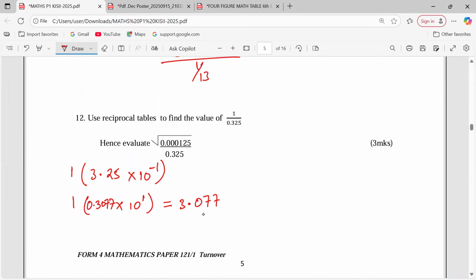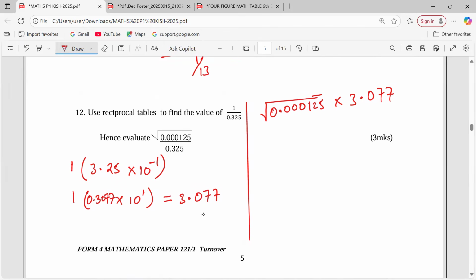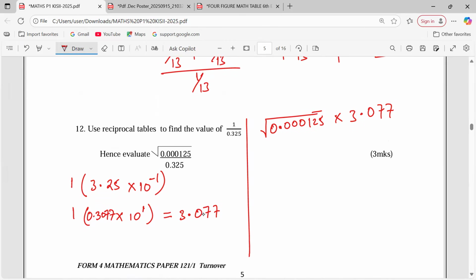It means now we are supposed to find the square root of 0.000125, and we multiply it by 3.077, because 1 out of is already implied here. Therefore, we have already worked out that part.